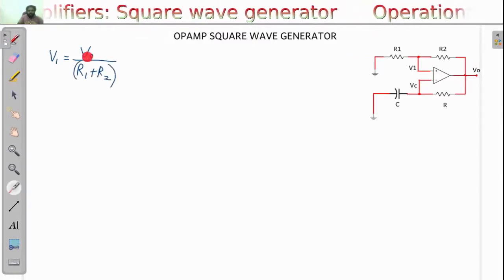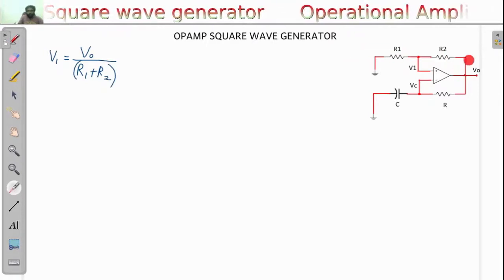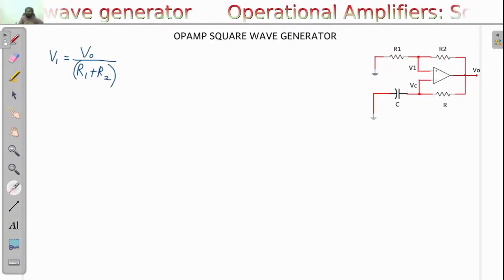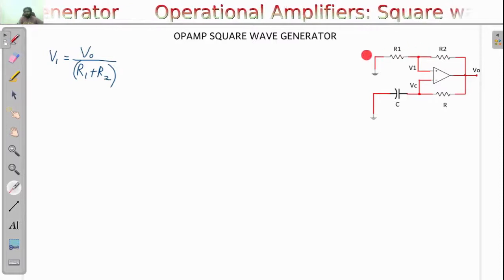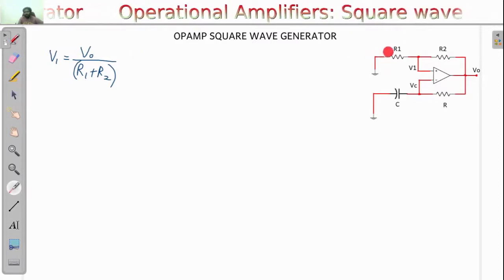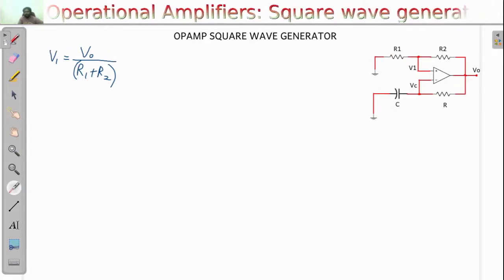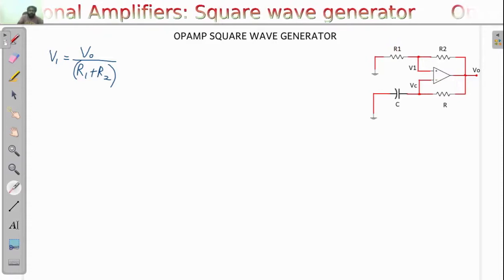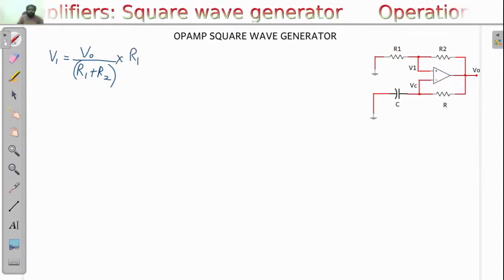This is voltage divided by resistance, that will give you the current flowing through the entire series R1 R2 network. So that is the current flowing through the network, and you multiply it with the resistance through which it flows, and that will give you the voltage across that particular resistance.